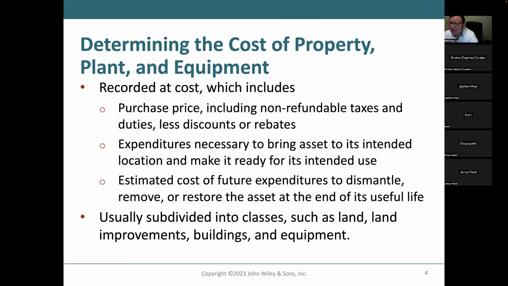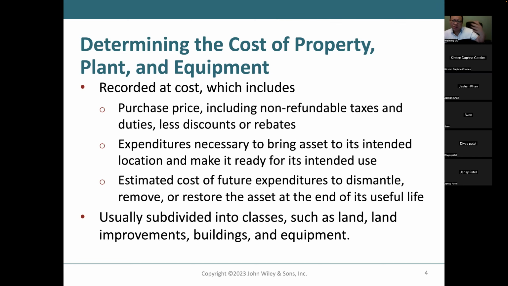It's tangible, you can touch it, feel it, see it. It is used in the operation, because the teacher turns on the projector so that you can see the slides better. And you don't sell it to customers. You're going to use the projector until it dies down.